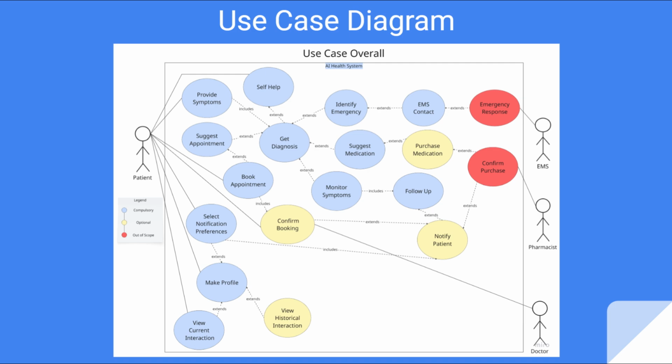Specifically, the get diagnosis use case is triggered when the user has provided symptoms, so that this diagnosis case can then triage to self-help, identifying emergency, suggesting medication, and other related use cases. It's also up to the user to select the notification preferences and book the appointment that is suggested by the AI agent so that the historic session is preserved between AI agent and user.